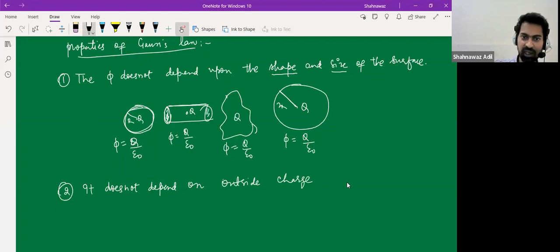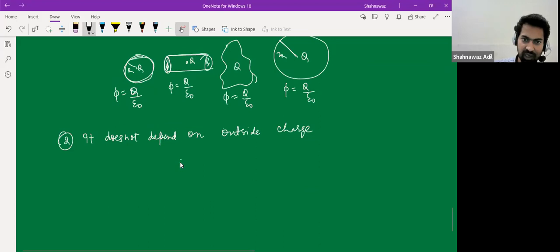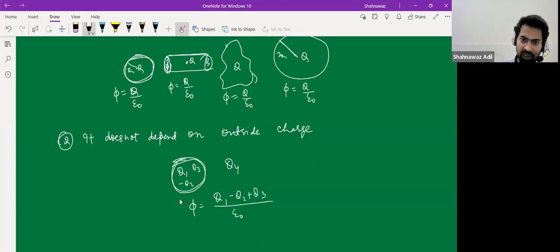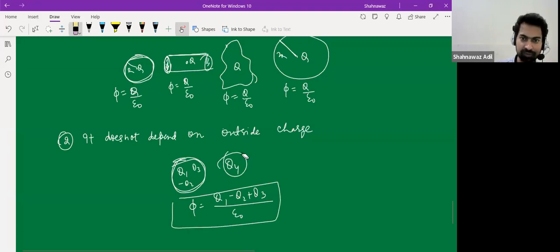Let's say I have these three charges, Q1, minus Q2, and Q3, and I have another charge which is Q4 outside. So the flux on this surface would simply be Q1 minus Q2 plus Q3 by epsilon naught. It will not depend upon this outside charge. Understood?